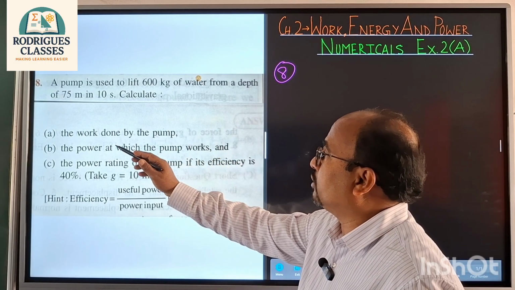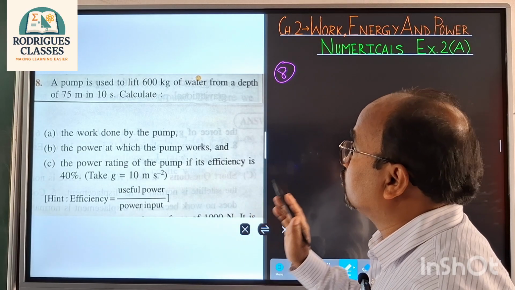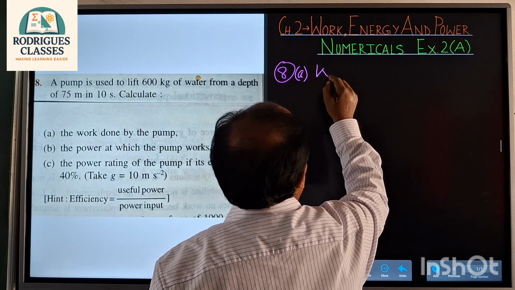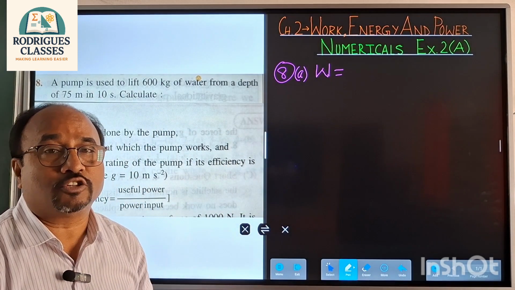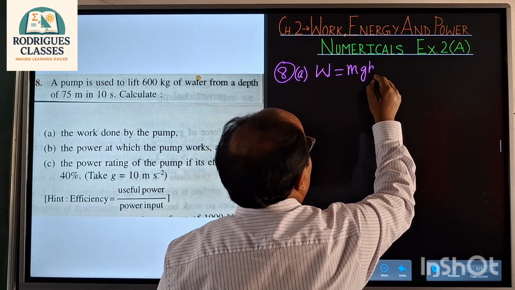So first of all, we go to find the work done by the pump. So we will go to that work done part, that A part. Because it is lifting it up, again the work done is due to force of gravity, so I will directly use this relationship mgh.